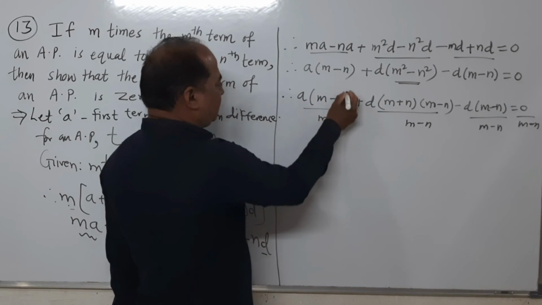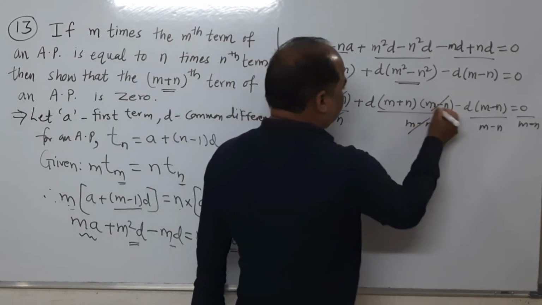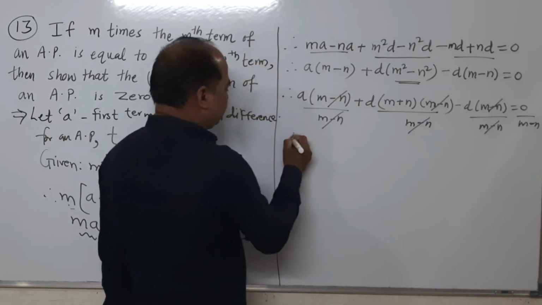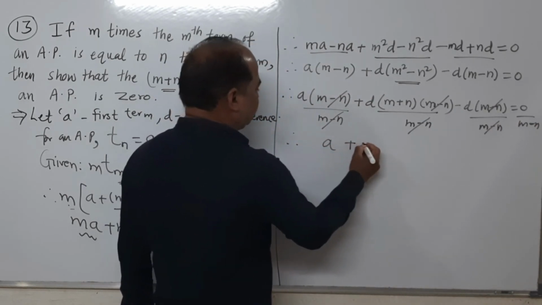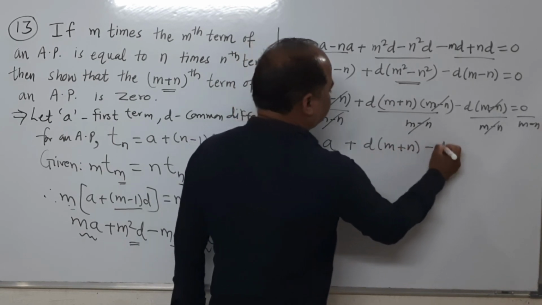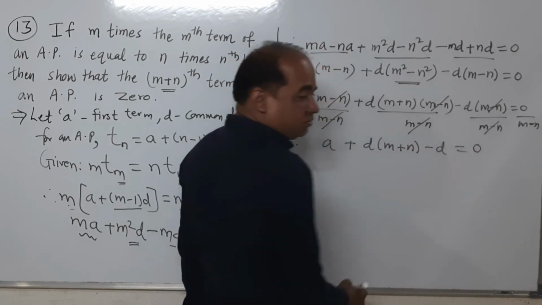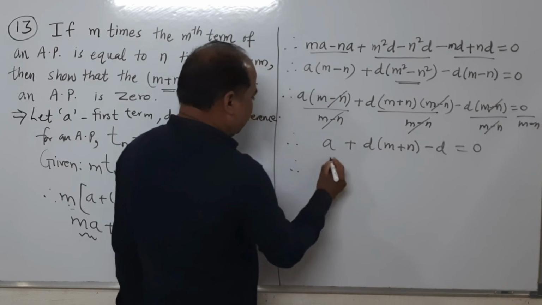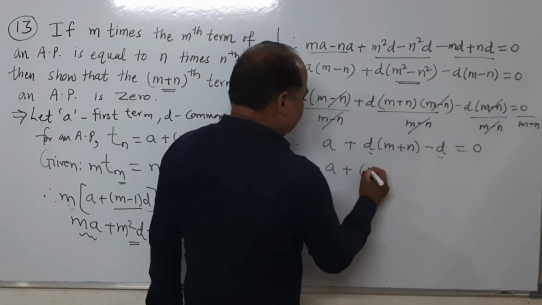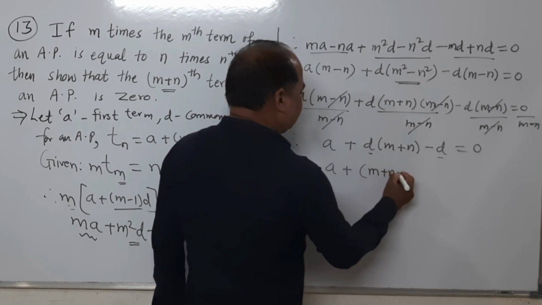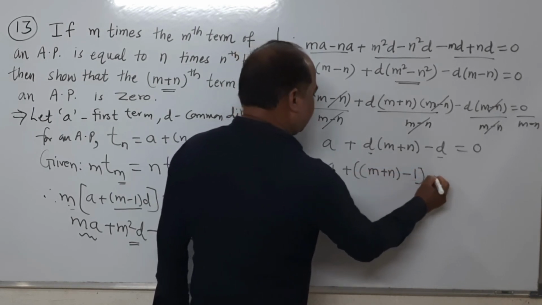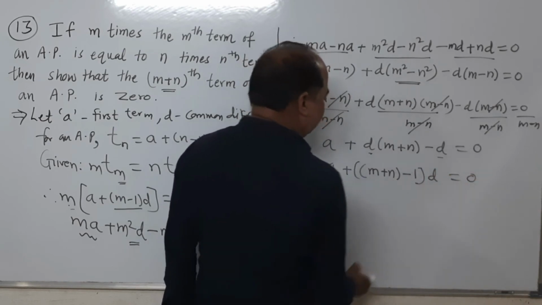So we can now divide. m minus n will get cancelled from each term. So we get here a plus d into m plus n minus d is equal to 0. Therefore a plus, taking d common, m plus n minus 1 into d is equal to 0.